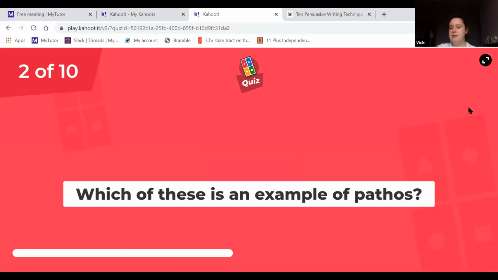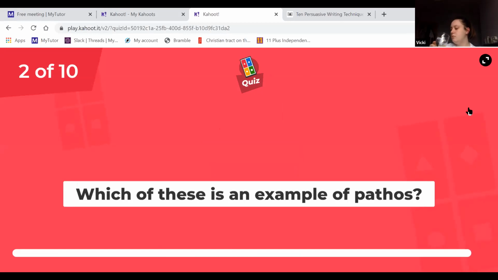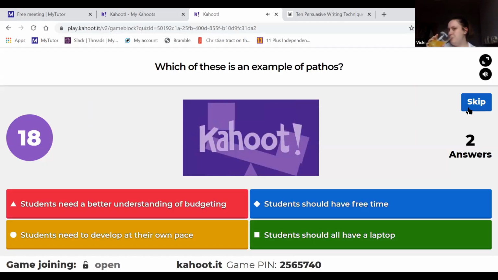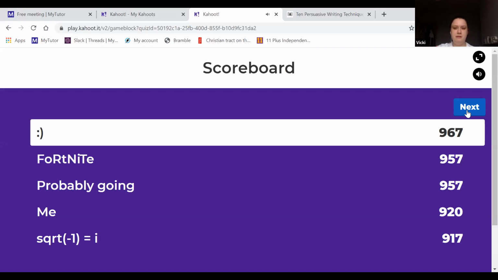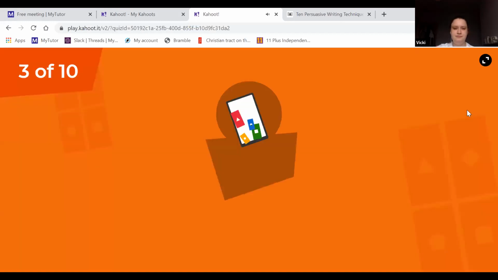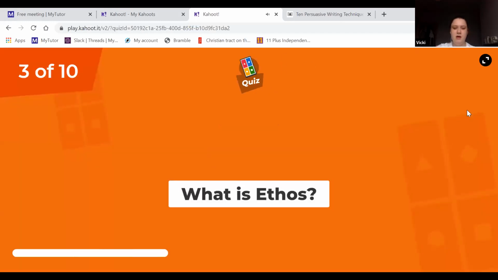Which of these is an example of pathos? Brilliant, well done. What is ethos?